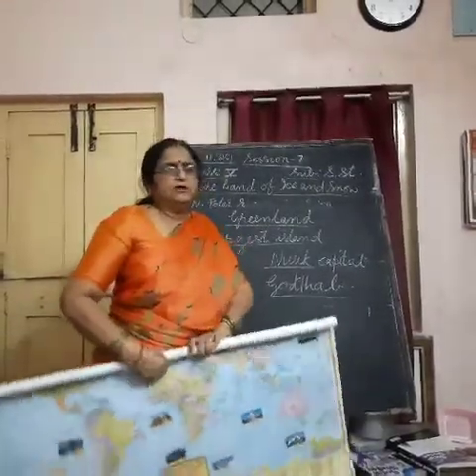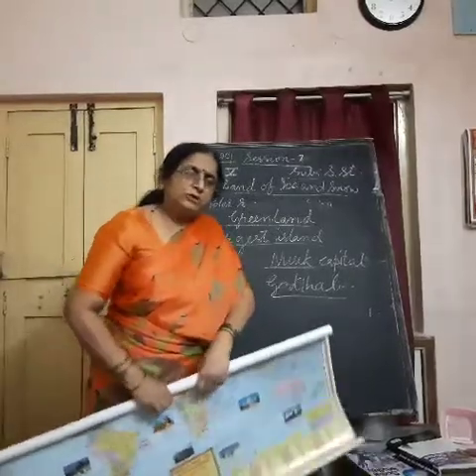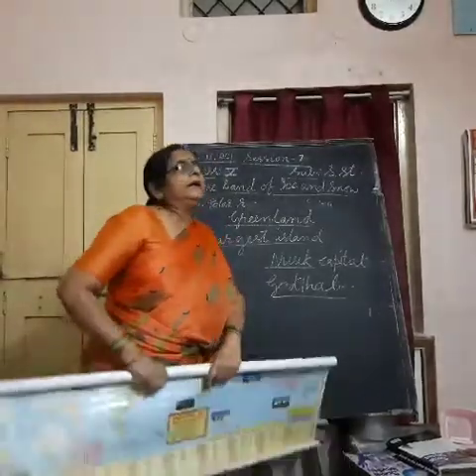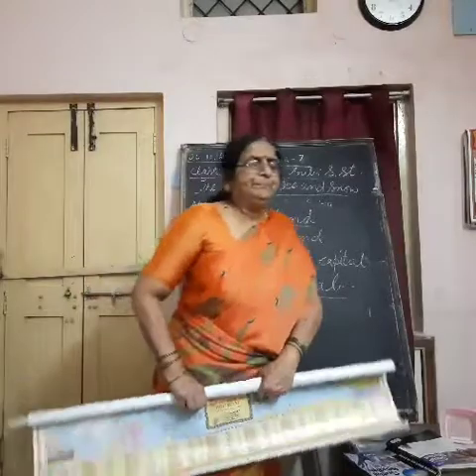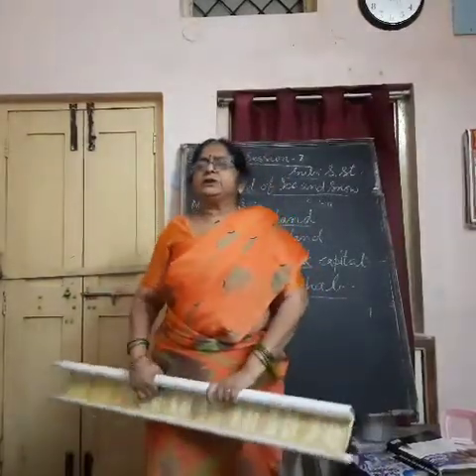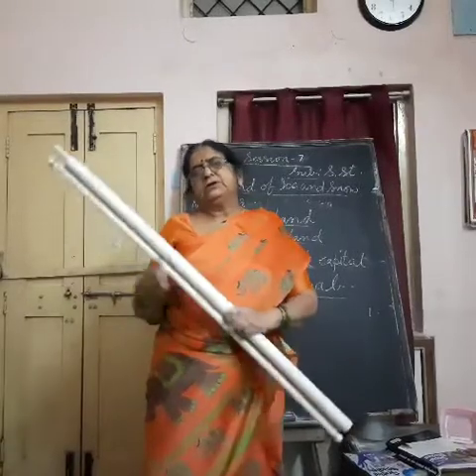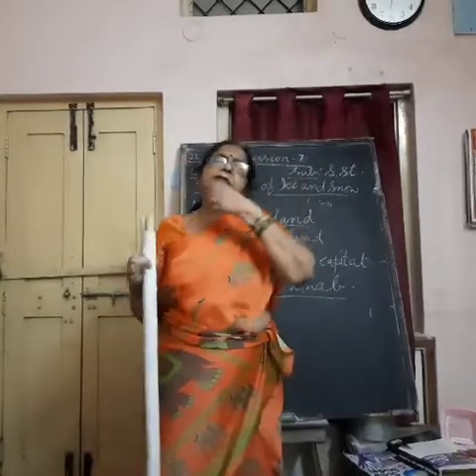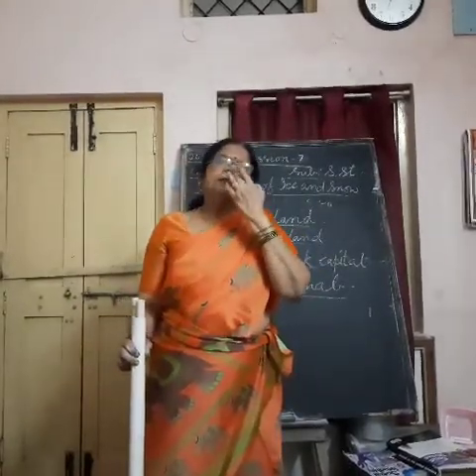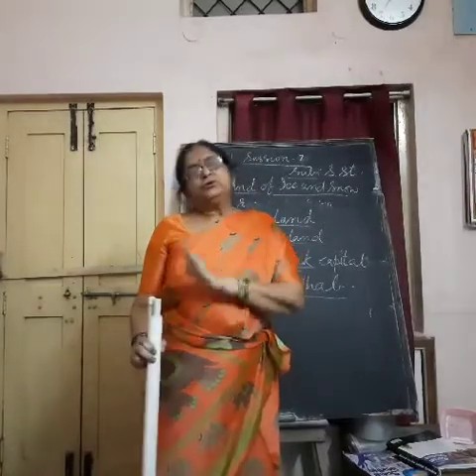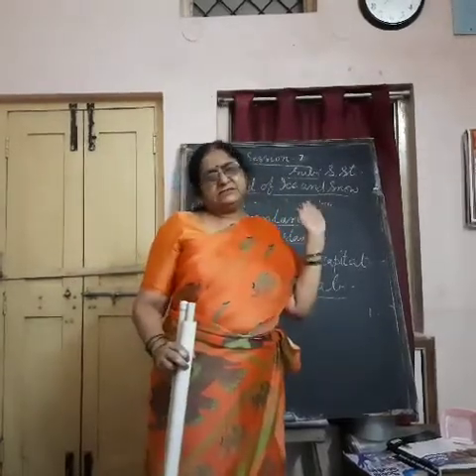These are the borders of Greenland. Greenland is surrounded by the North Atlantic Ocean and Greenland Sea in the northeast. To its north it has the Arctic Ocean. To its south it has Davis Strait.